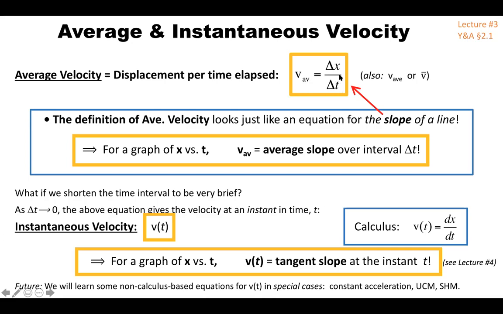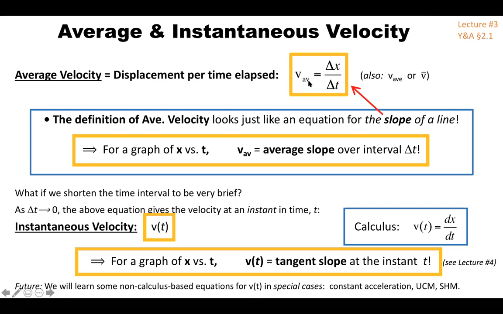If we divide by the amount of time that elapses during that interval, then we get a rate of change of position. Now, if all we know is the starting position and ending position, and we don't know anything about the path in between, then what this gives us is the average velocity over that whole time interval. Okay, so this is the definition of average velocity over some time interval delta t.